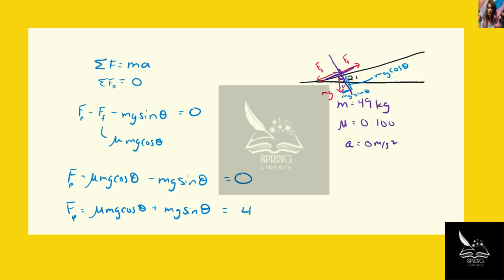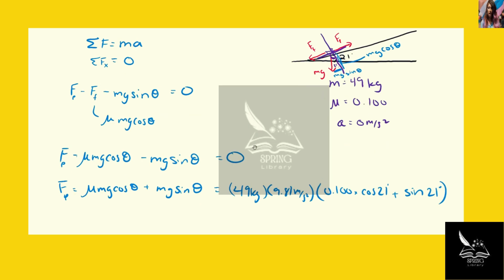So that's going to be 49 kilograms times g, of course, is 9.81 meters per second squared. And then we're left with mu, 0.100 times cosine 21 degrees plus sine of 21 degrees.